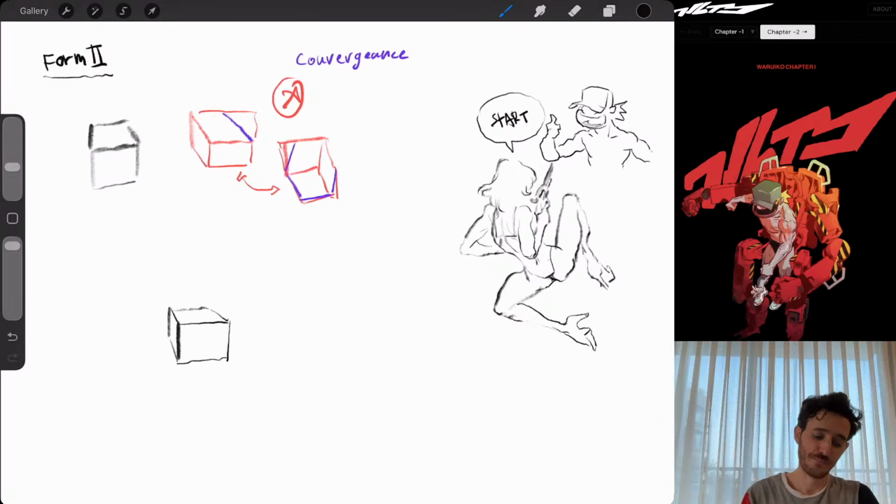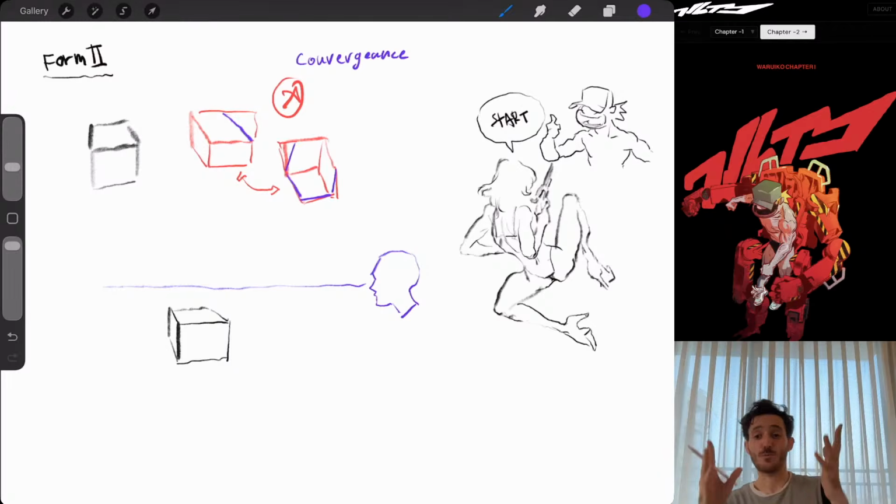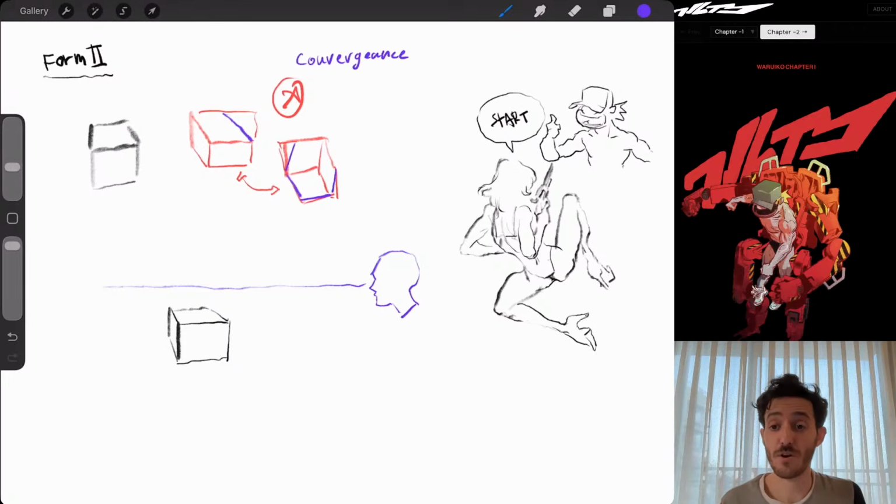All right. So the horizon is basically a line that represents your eye level. Right? What we call the horizon is the same as what we call the eye level.